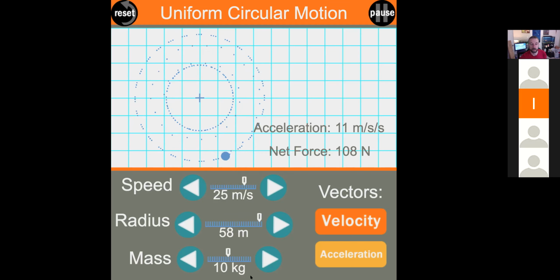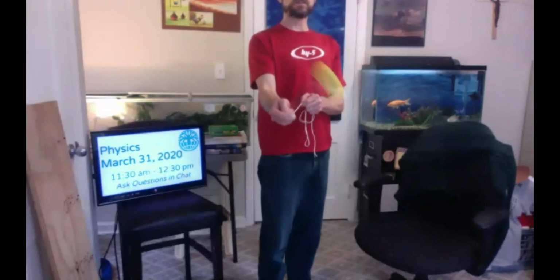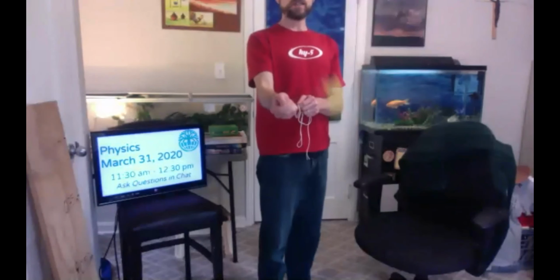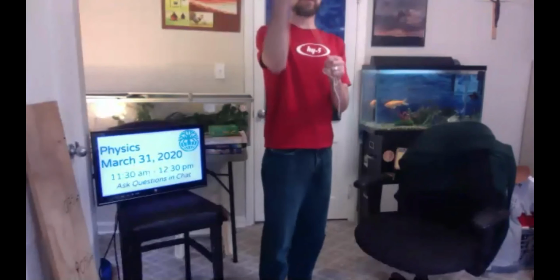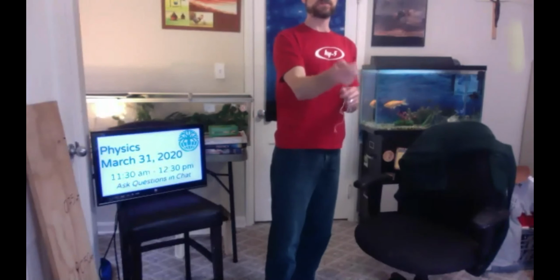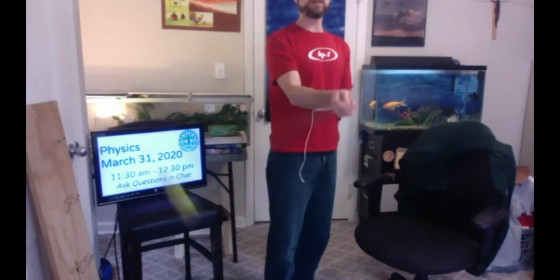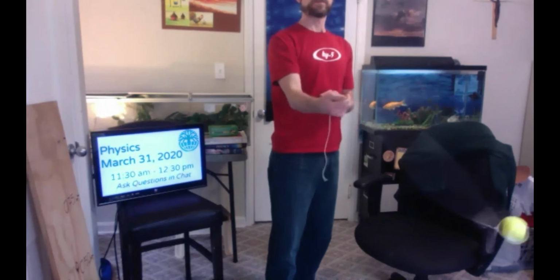All right, so I'll make my video nice and big now. So if I decrease the radius, I know this is harder to do. It's harder to keep it in motion than if I increase the radius. Now I have to exert less force to keep it in motion. All right?